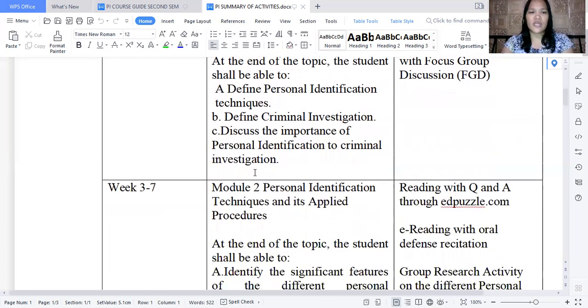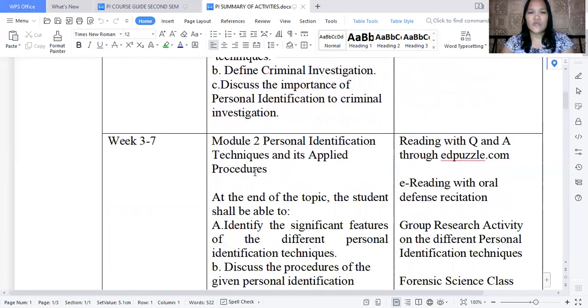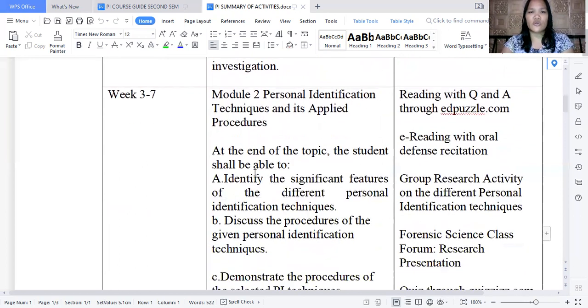Okay, for week 3 to 7, we will now be going to module 2 upon complying with all the requirements in module 1. In here, it is entitled Personal Identification Techniques and its Procedures.